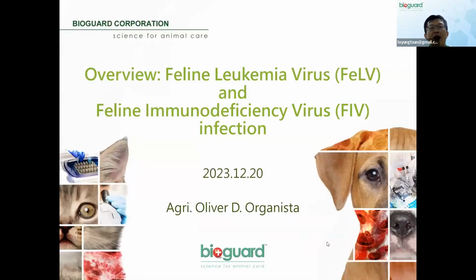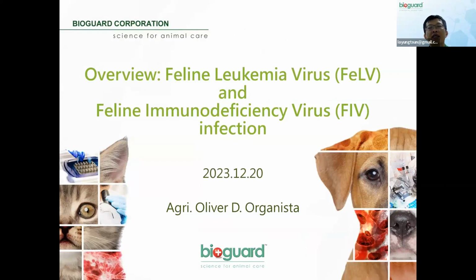As everyone knows, FeLV and FIV are the most common infectious diseases of cats. Both viruses can be transmitted horizontally through saliva or other body fluid, and vertical transmission probably also occurs.